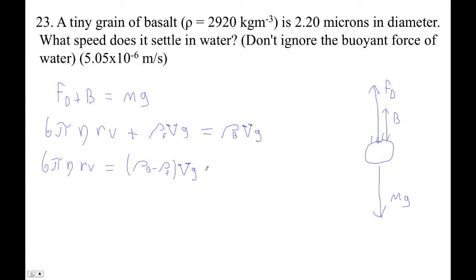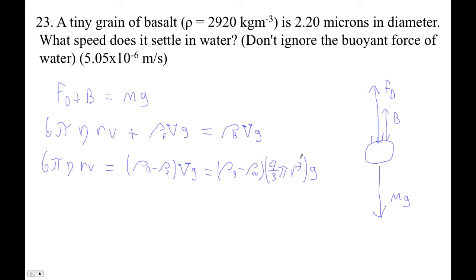And then our volume is 4/3 pi r to the third, and then g is still g. Okay, this is good.